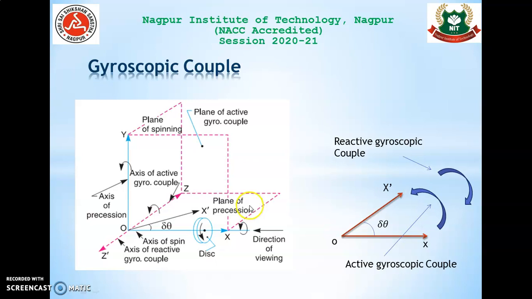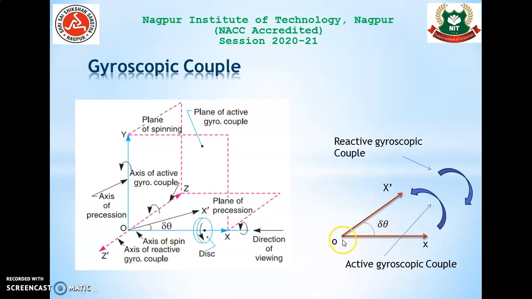Here you can see that if a small force is applied on this OX axis, this OX axis will change its position to OX dash with some angle, and that angle we have denoted by del theta.